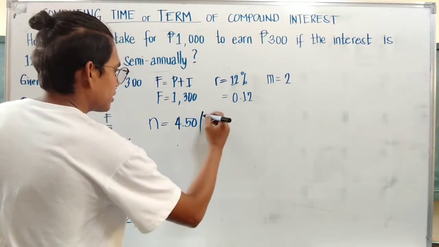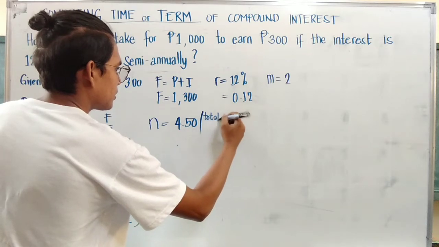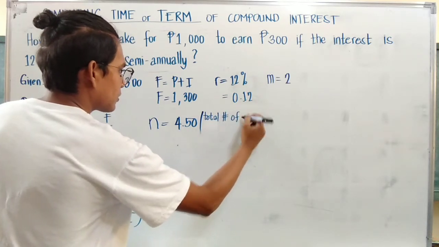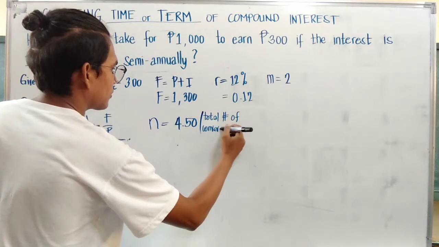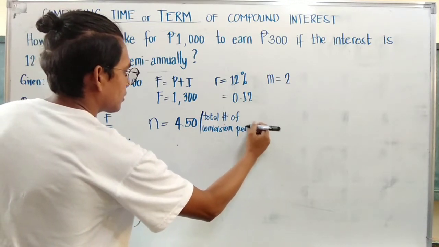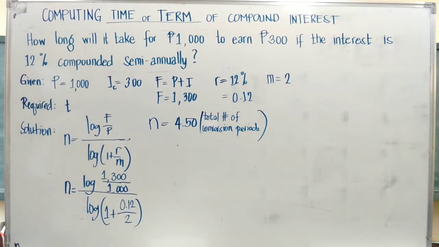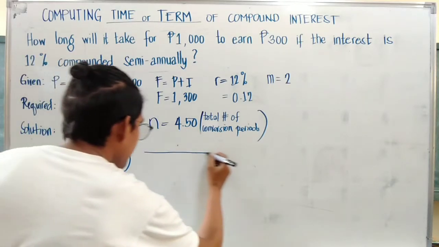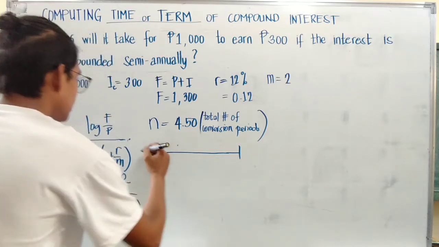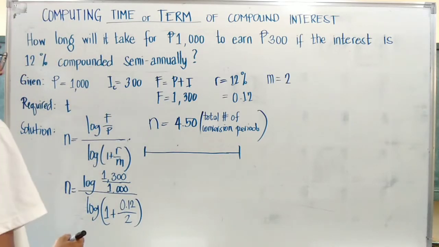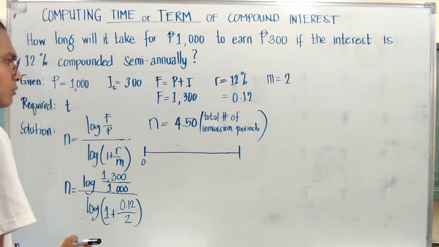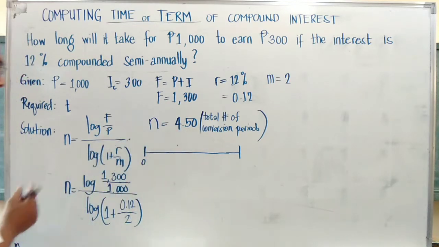So I will put it here. So analyzing the total number of conversion periods. And it is semi-annually. So we will be illustrating this thing as this one. It is from 0 to 4.5.